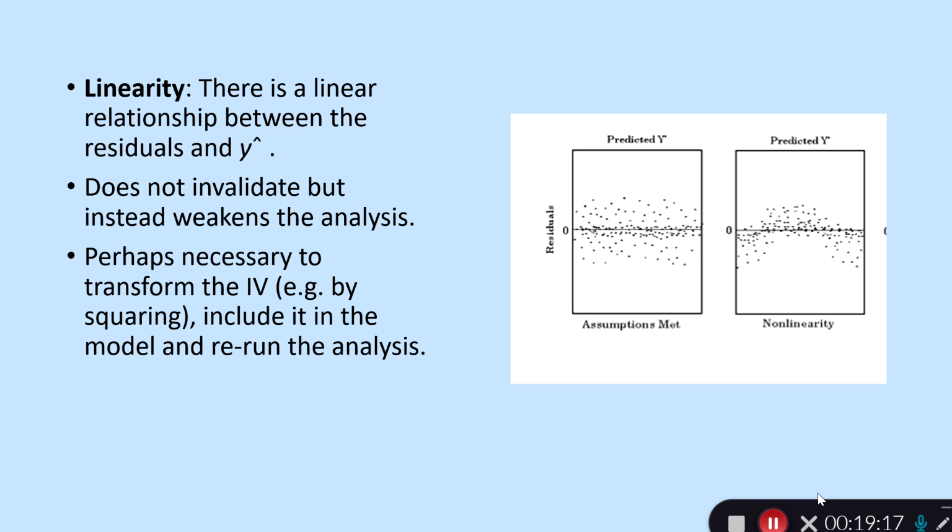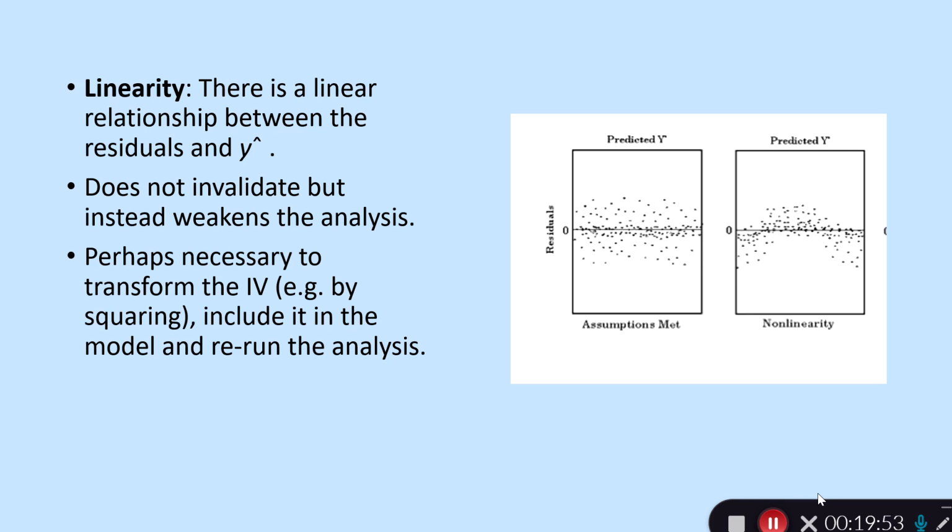If we don't find this, it doesn't invalidate the analysis, but it weakens it, and we may find we have to add additional terms and effectively convert our model from a straight line model to maybe a quadratic model by adding exponents to some of the independent variables. We're not going to worry about that at the moment. But as it says here, it could be necessary to transform your independent variables, such as by squaring them.